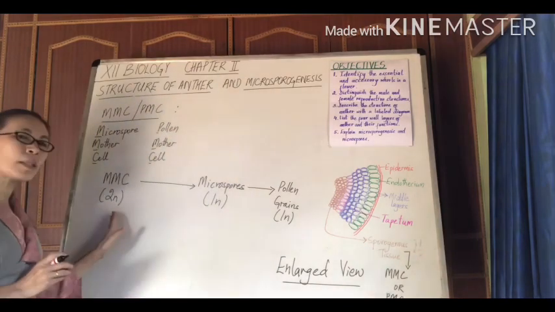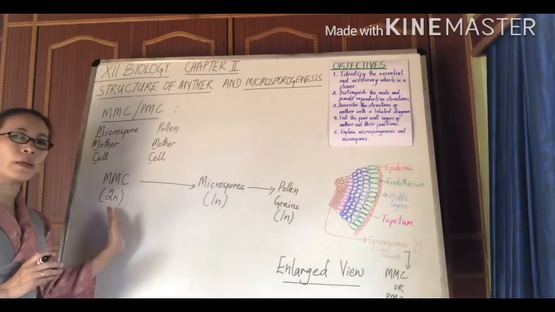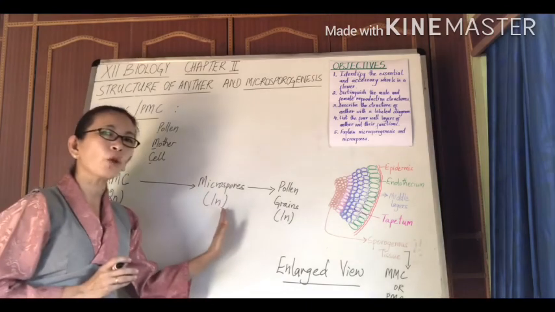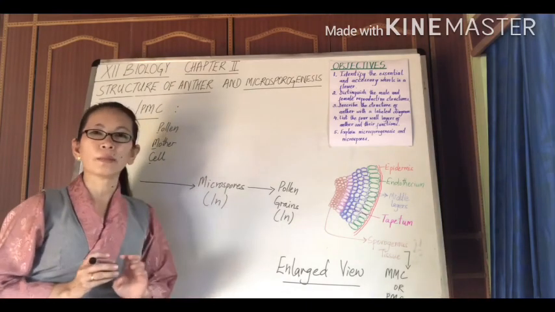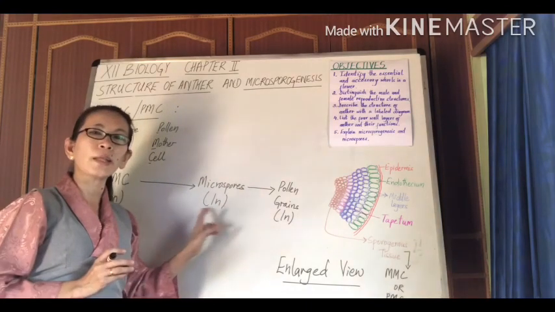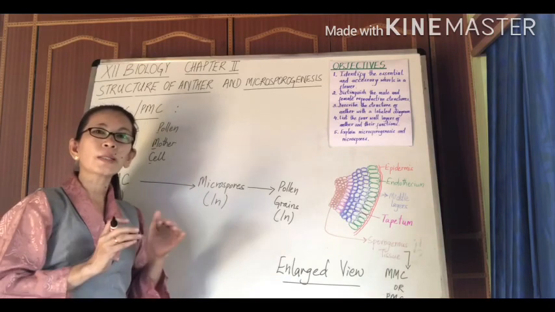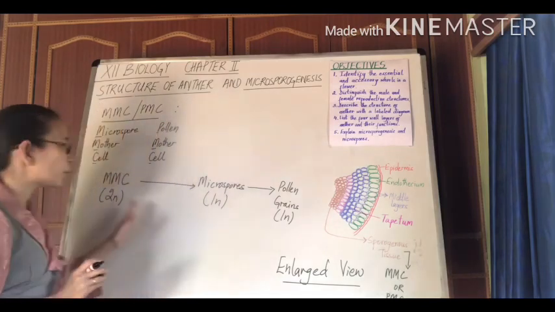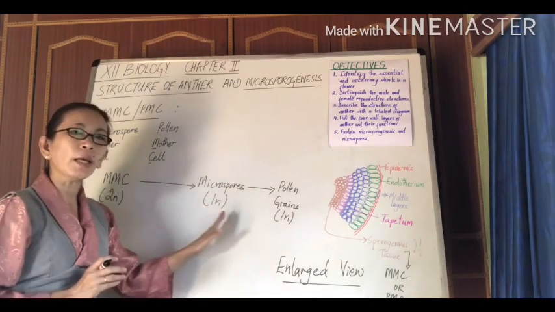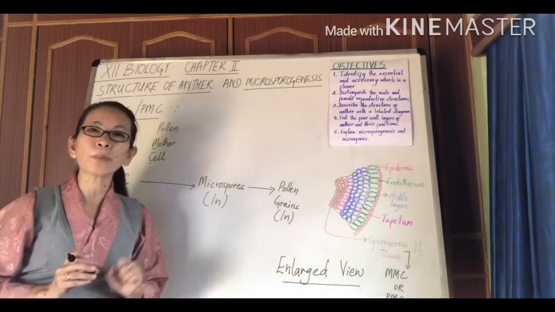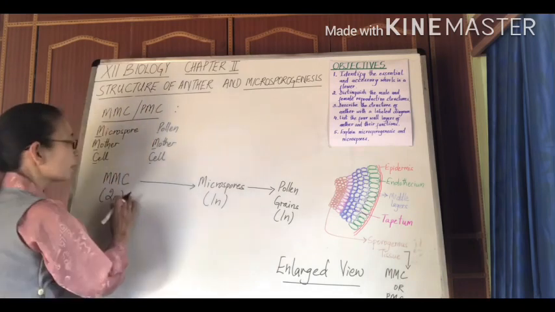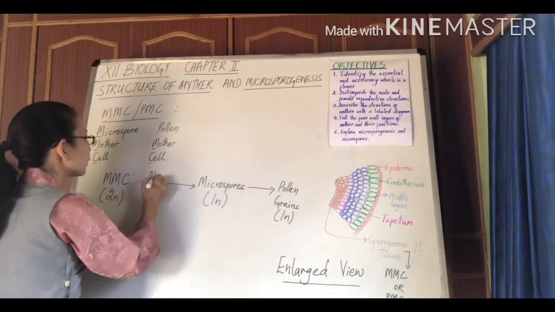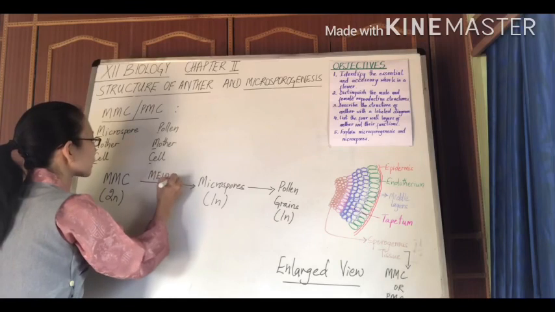If a cell starts from a diploid parent cell and results in the formation of a haploid daughter cell, right? In this case, the daughter cells are the microspores. So such cell division has to be reductional cell division, because we find a reduction in the number of chromosome copies, right? And hence, here the nature of the cell division would be meiosis.